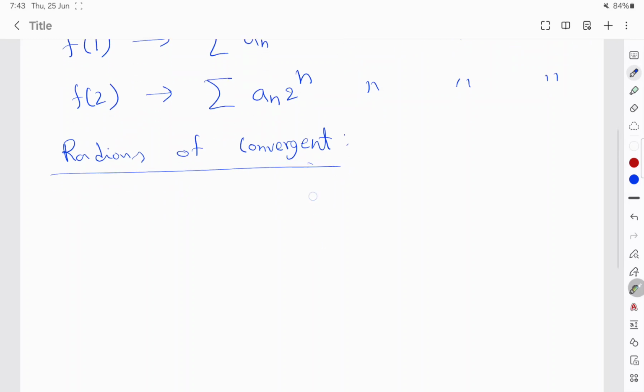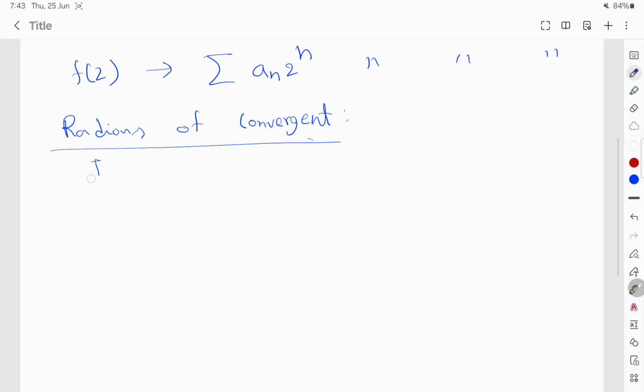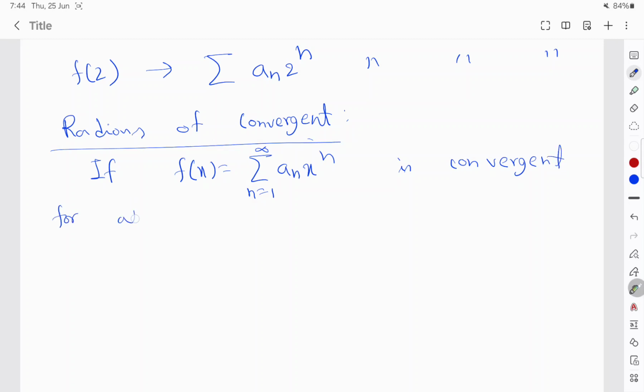So what is the radius of convergence? If f of x is equal to summation a_n x to the power n, n equal to 1 to infinity, is convergent for all x belonging to minus r to r, then r is the radius of convergence.